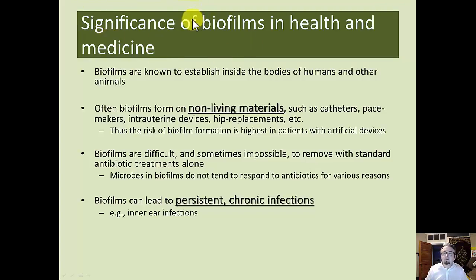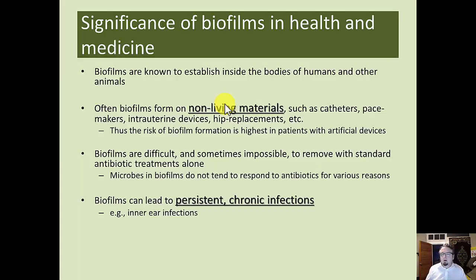Now, biofilms are also significant in health and medicine, because sometimes a biofilm can actually grow inside of a living person, or a living thing. Typically they will form on a non-living material. Biofilms aren't that great at forming on human tissue, flesh, muscle, bone, things like that.